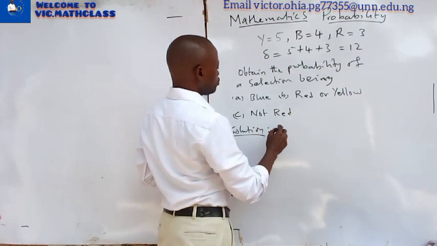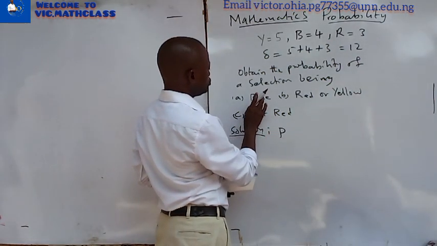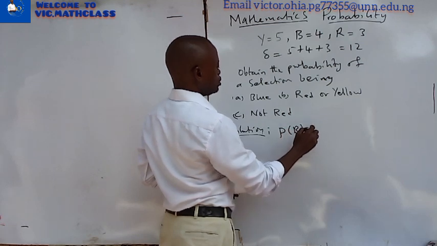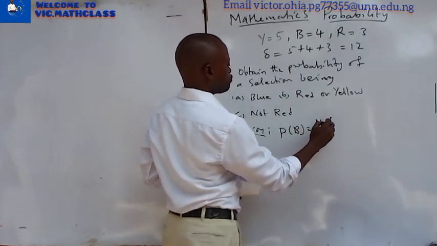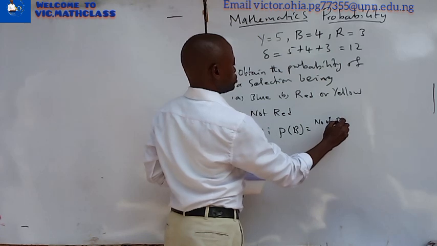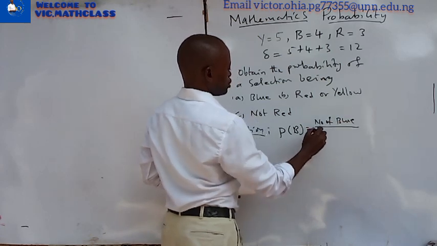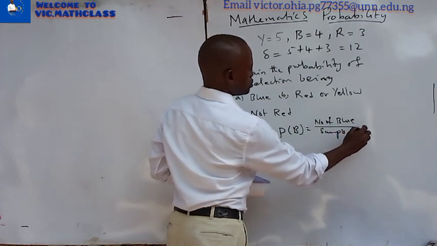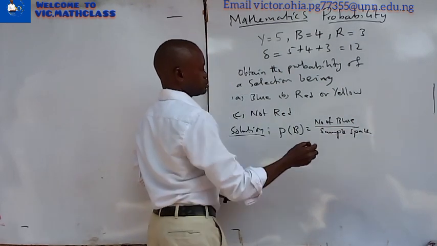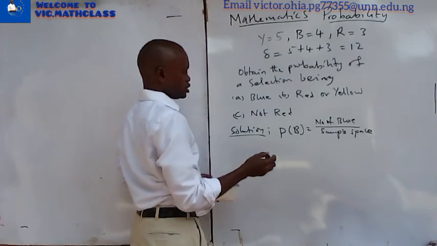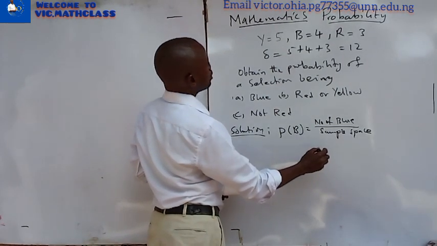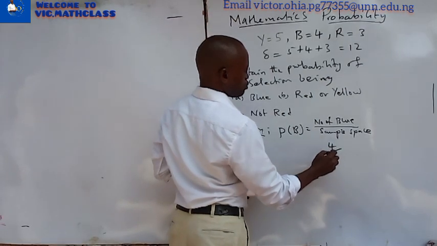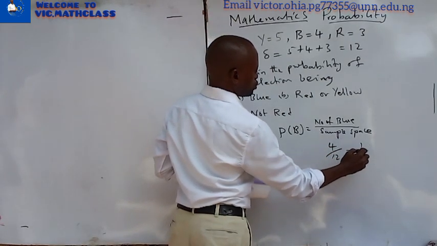So the probability of blue, P of B, will be the number of blue over the sample space, or you can say total outcome. So what is the number of blue? We have 4. So that is 4 over 12, and that is going to give us 1 over 3.